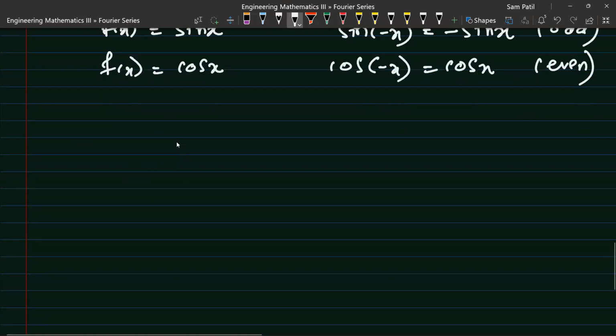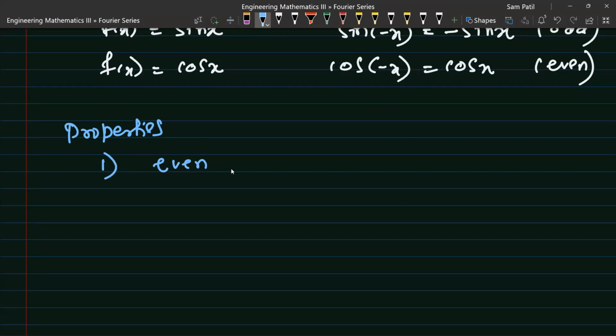There are some properties of even and odd functions related to addition and multiplication, so they are also important. Let me explain them. This is just the revision part. I think you might have seen these concepts in your previous standards. First property: suppose I take any even function and add it to any other even function, what do I get?